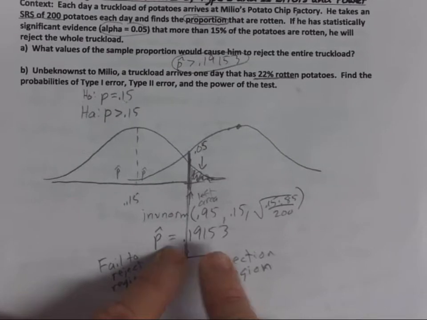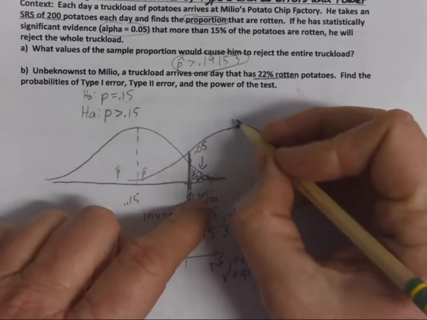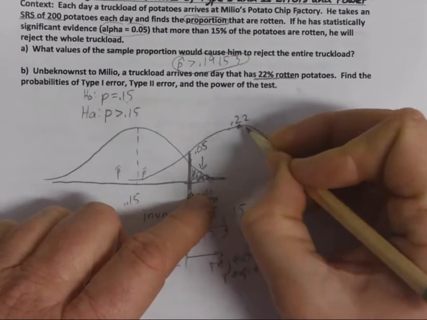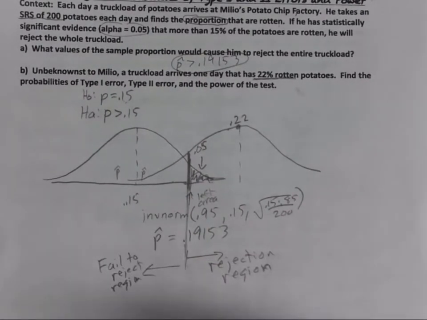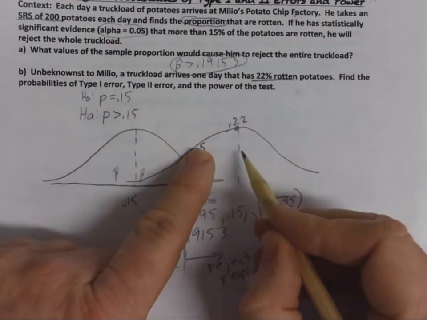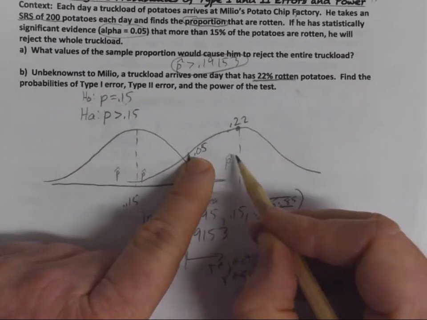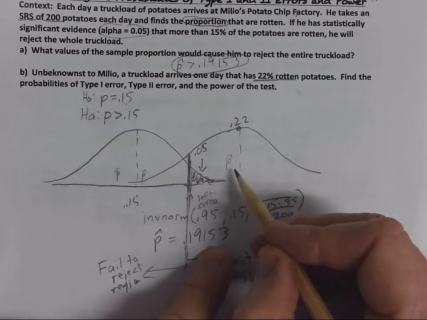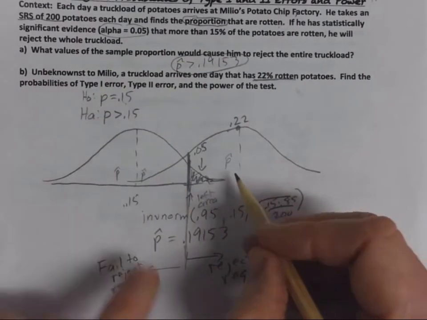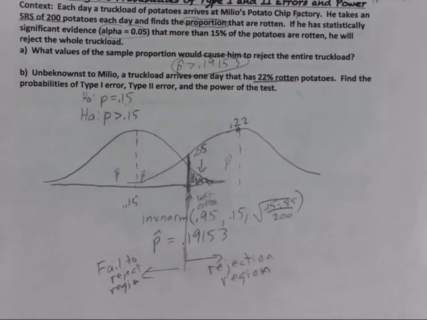But the problem is, here's a bad truckload that is centered at 0.22. More than likely, when Emilio takes his sample, he's going to get a p-hat up here around 0.22, which is greater than 0.19, and thus he would reject this bad truckload.